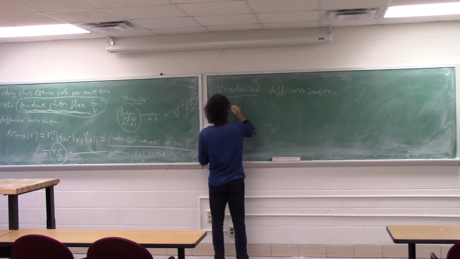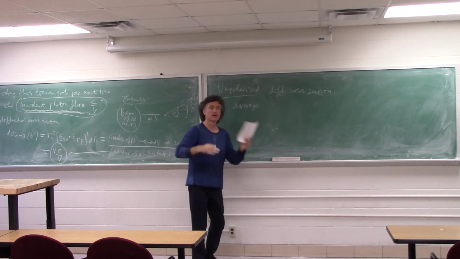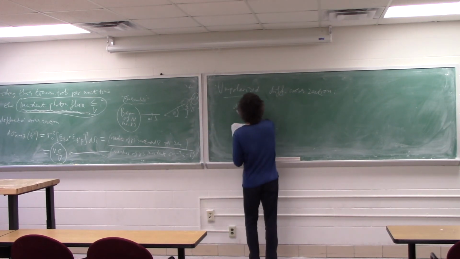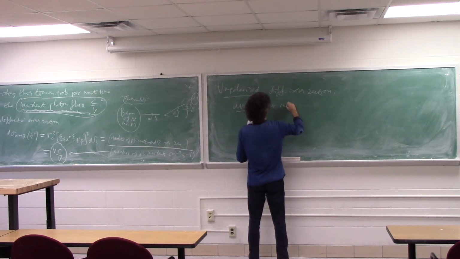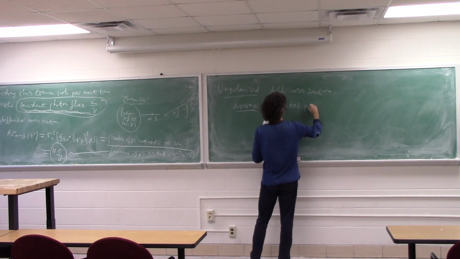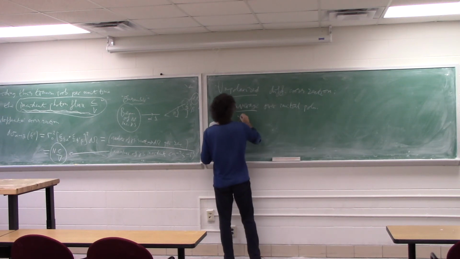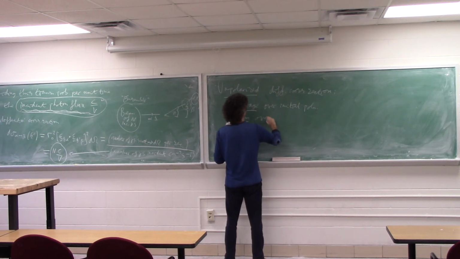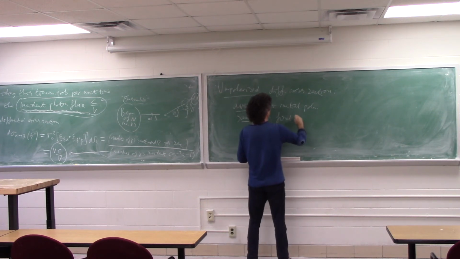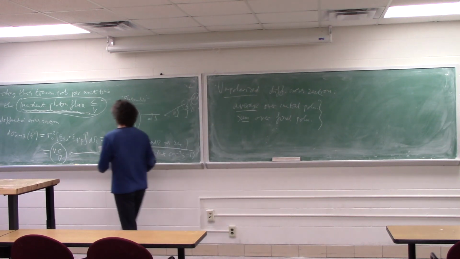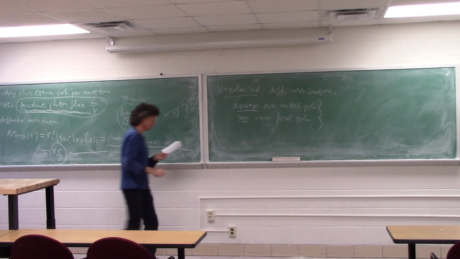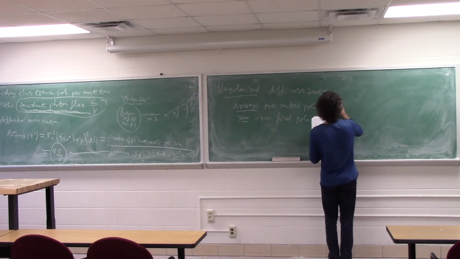What you need to do is average. We imagine that the initial beam is unpolarized, so we want to average over the initial polarization and sum over the final polarization. And the way we do it, we're going to have to evaluate the following sum.